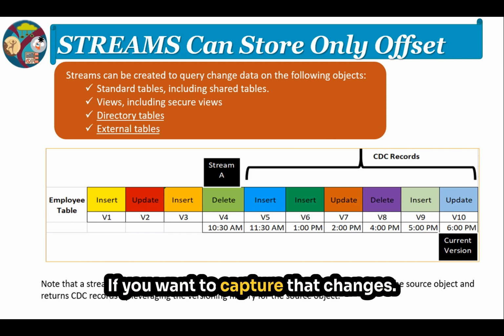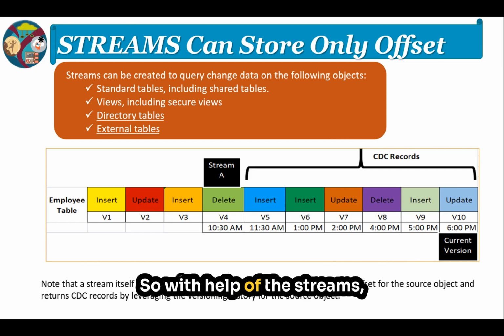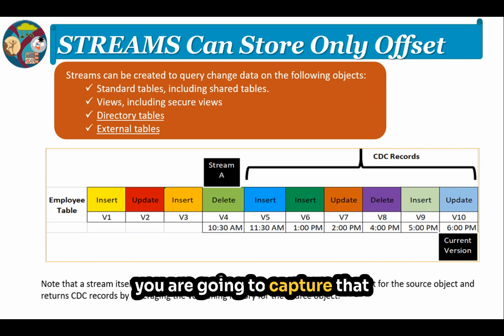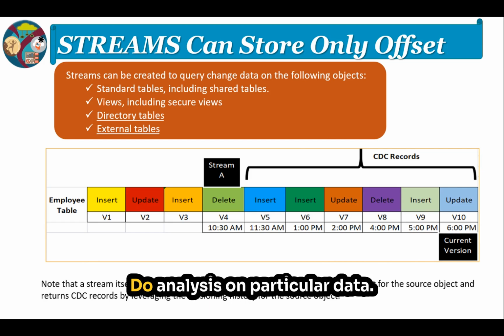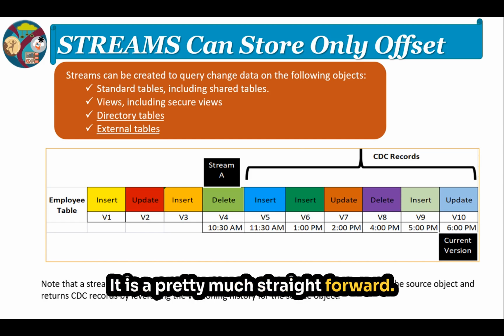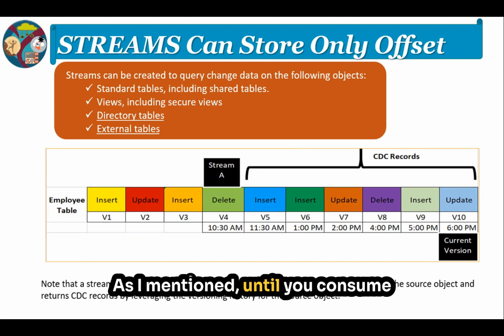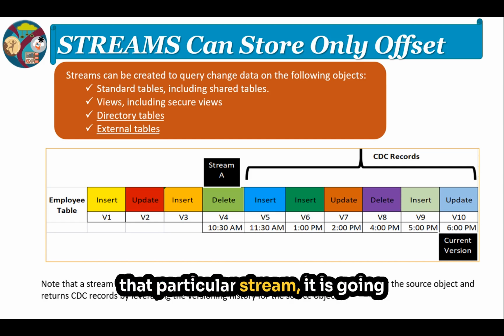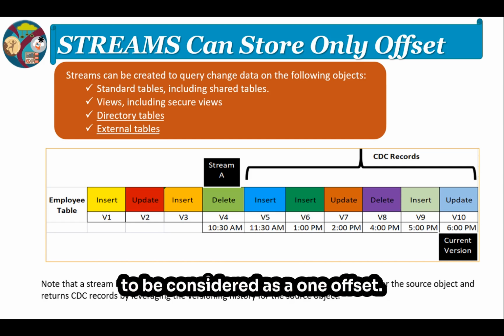If you want to capture the changes, with the help of streams you are going to capture those changes and do analysis on that particular data. So don't confuse yourself with this. It is pretty much straightforward. As I mentioned, until you consume that particular stream, it is considered one offset.